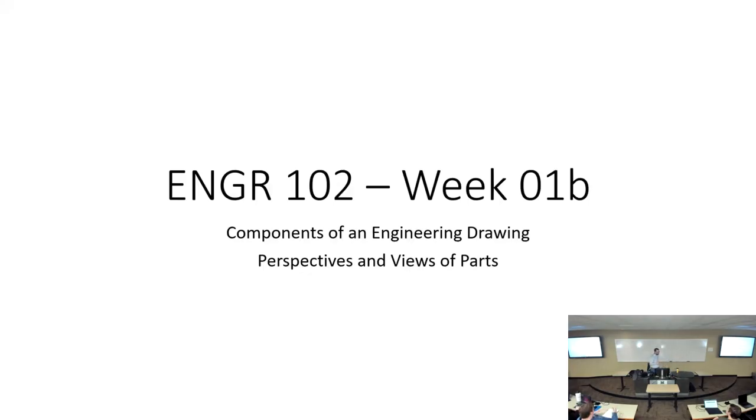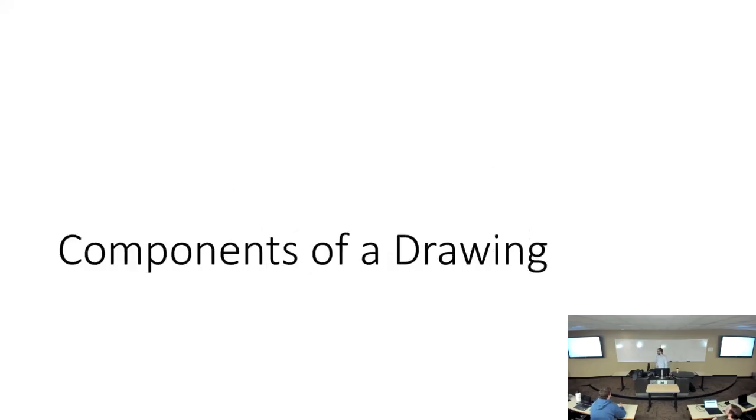I think the first thing we ought to do is look at the common components of engineering drawings and how things are supposed to be properly formatted. So I have a couple of drawings here that I want to take a look at.